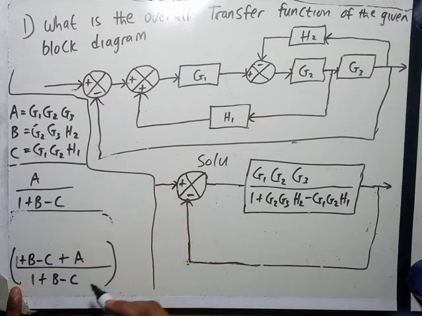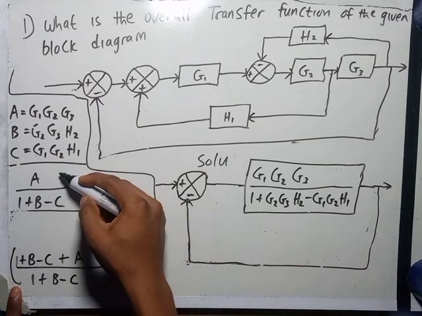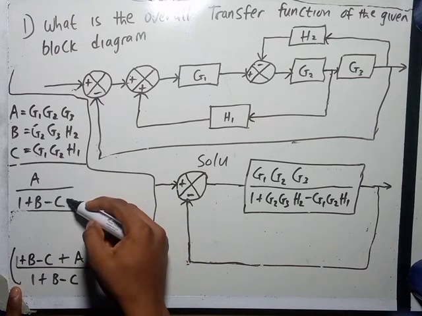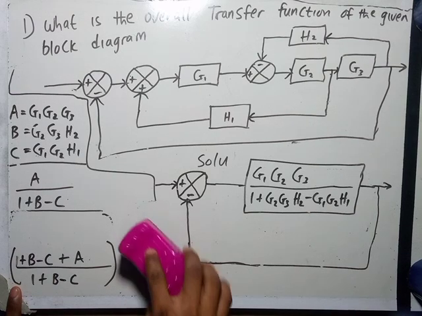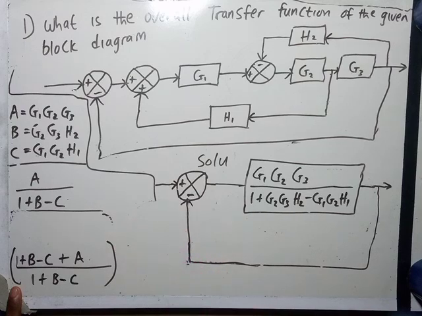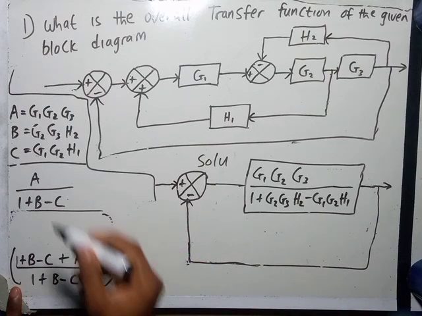Now, using the same principle, this one will multiply the one on top, while this one will multiply this one. So doing that, we'll be having this one multiplying here.